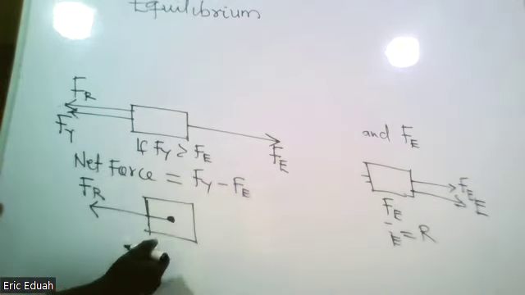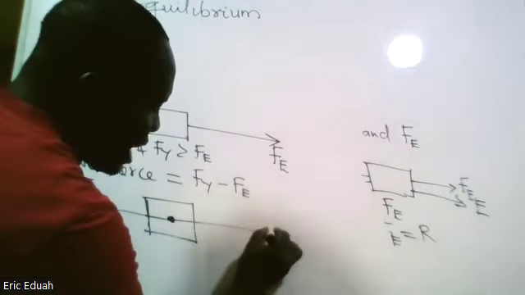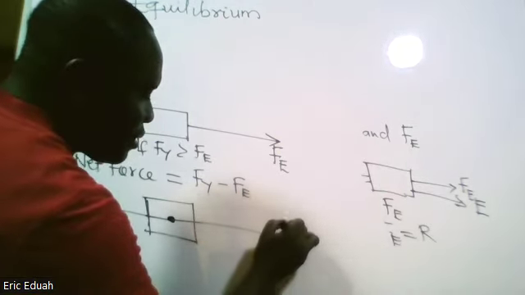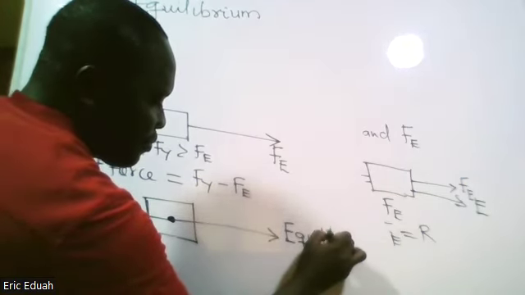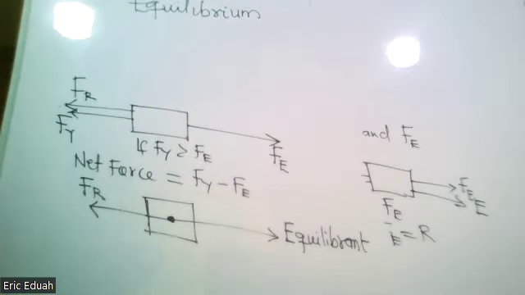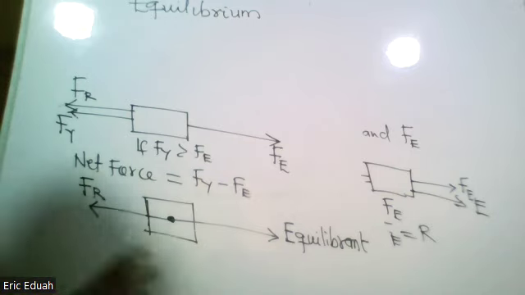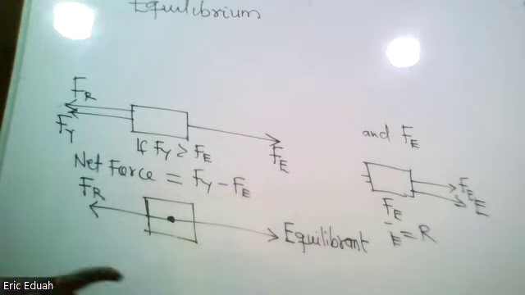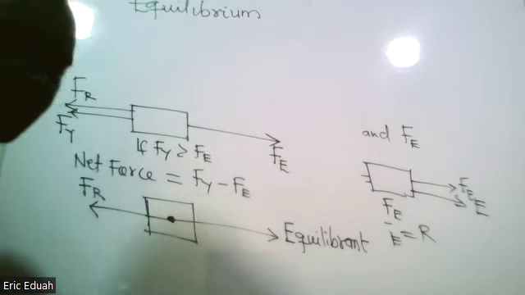So once the resultant is acting due west, the equilibrant would act due east. Equilibrant. So in effect, the equilibrant causes the net force acting on a body to be zero. It has the same magnitude as the resultant or the net force, but its direction is opposite to the direction of the resultant.